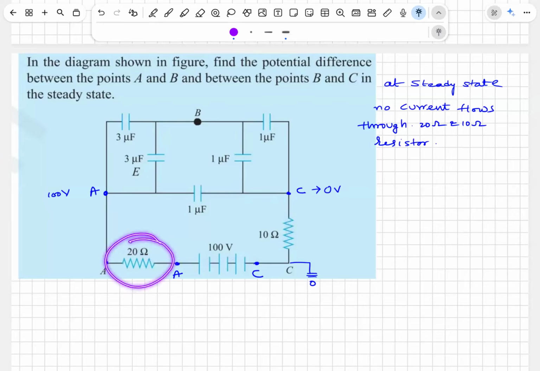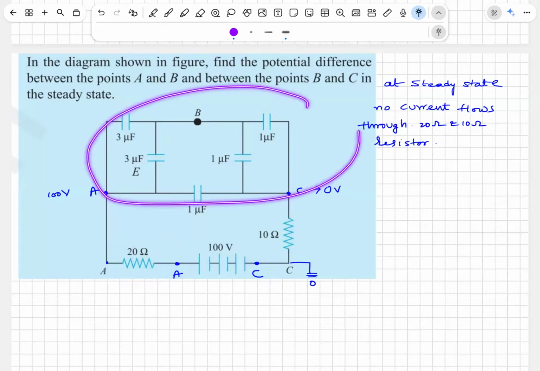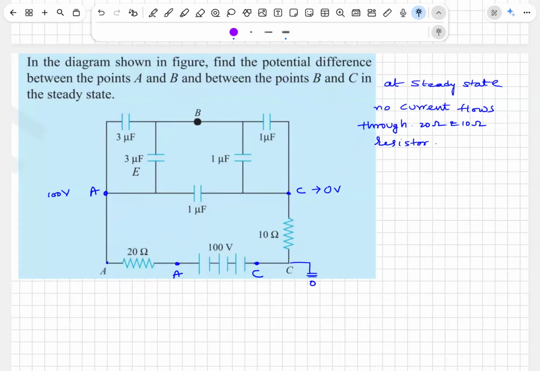When there is no current through this, suppose the battery is giving I current, definitely the same I current will come over here through the 10 ohm. When there is no current through this, there won't be any current through this. Battery won't deliver any current, because there is no conducting path in steady state.